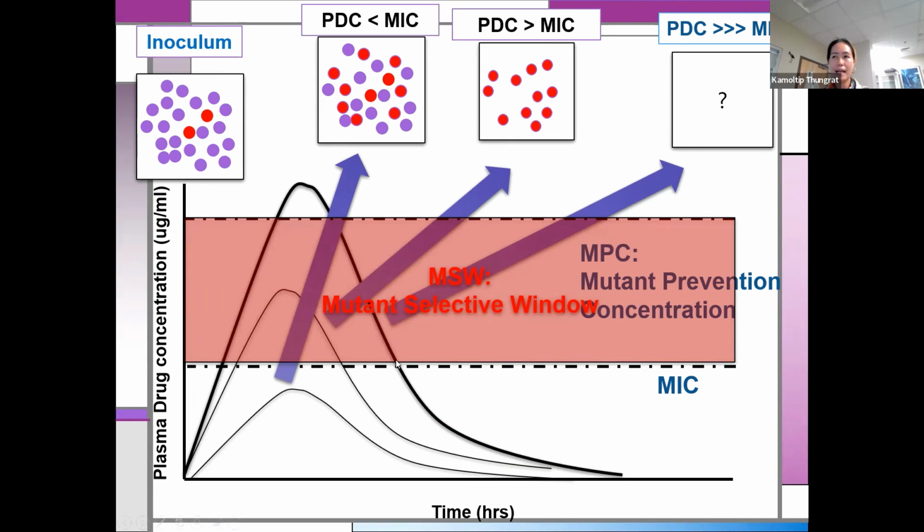If we design the dose within the mutant selective window, it's not good, because we push the susceptible bacteria to die, but the resistant bacteria still survive.